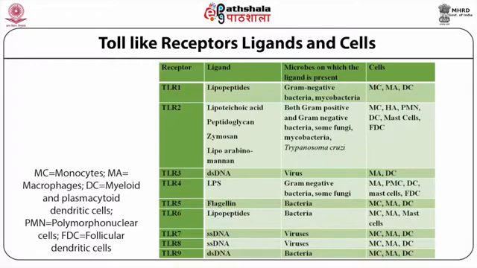TLRs have an extracellular domain which is characterized by richness in leucine rich repeats. They also have a cytoplasmic domain, which is of course involved in the signal transduction process. These germline coded molecules detect invading pathogens and trigger expression of cytokines.